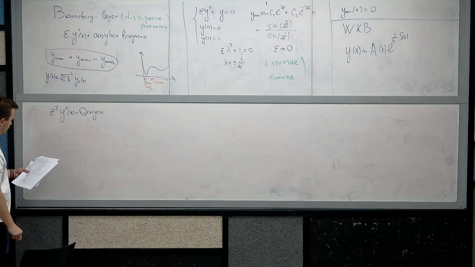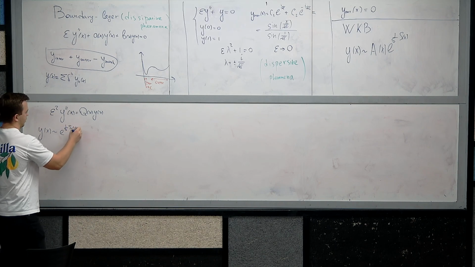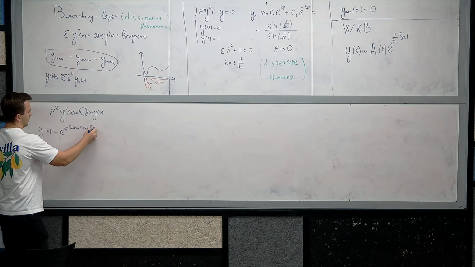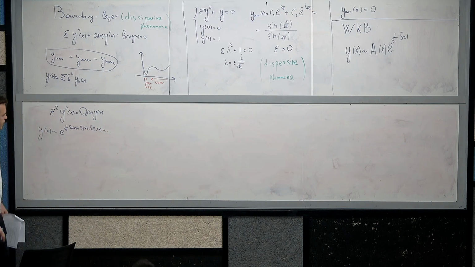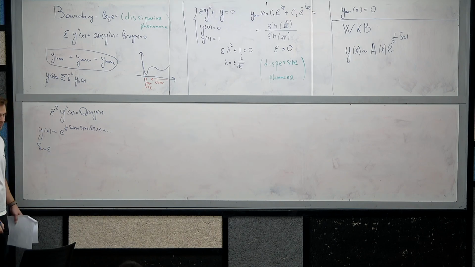And we assume that the solution y of x is e to the 1 over delta times s naught of x plus s1 of x plus delta s2 of x plus and so on. Okay. And in this case, we can show with dominant balance that delta is of order epsilon.